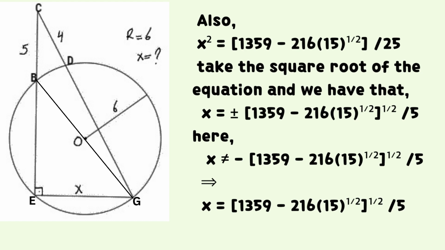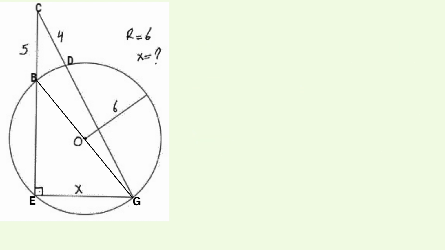In this case, ignore the negative result as length cannot have a negative value. It implies that x equals the square root of the positive difference between 1359 and the product of 216 and the square root of 15, all divided by 5.